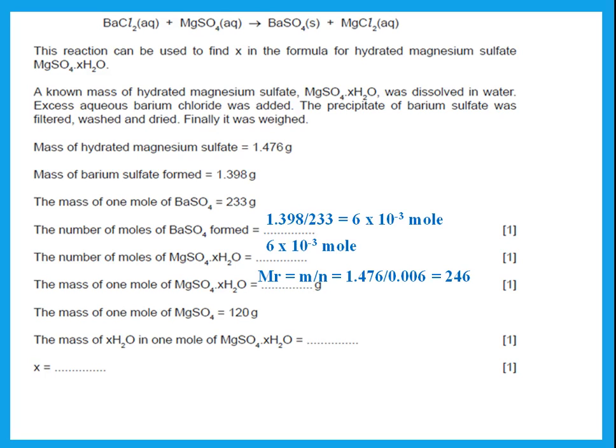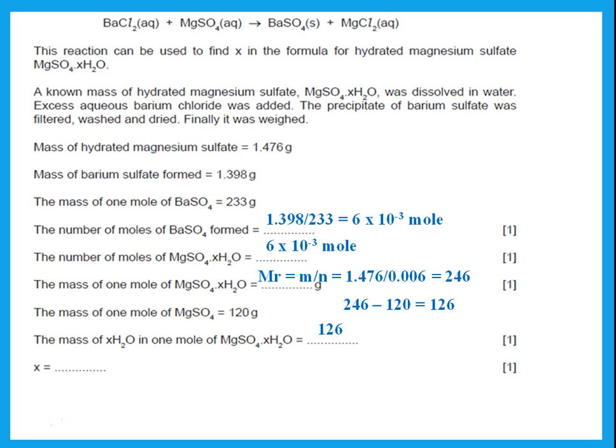Now looking at the MgSO4 alone, the molecular mass of MgSO4 alone is 120. And the total is 246. So can I get the mass of the xH2O? If the total is 246, and the MgSO4 alone is 120, then the xH2O is the difference between them. So the xH2O is 126.